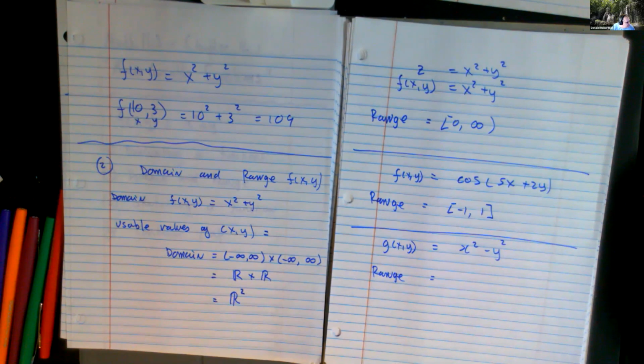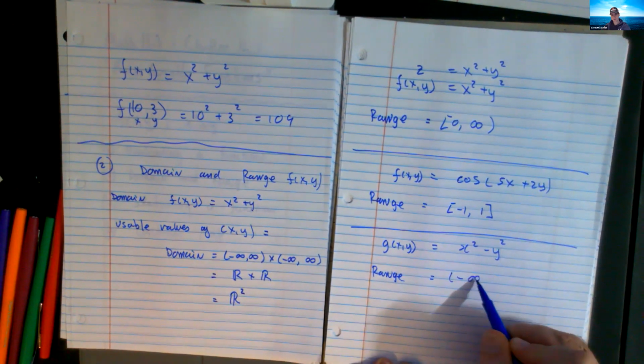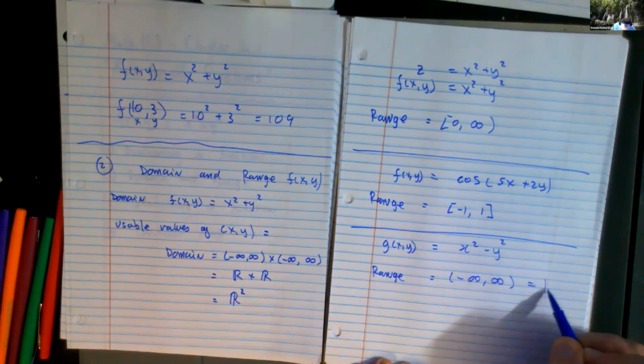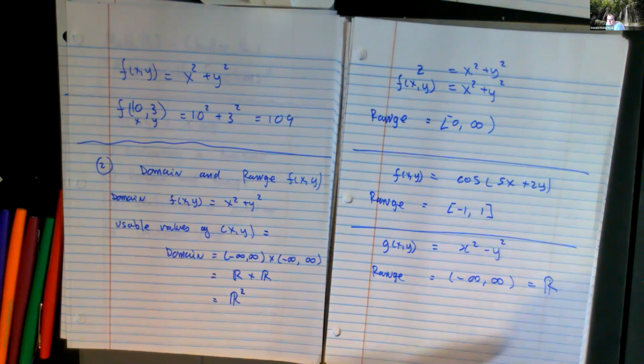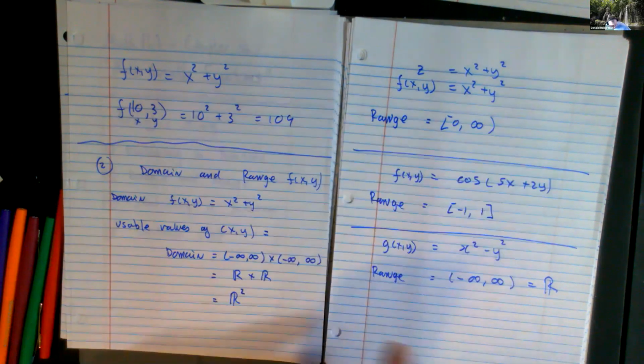Now, how about this function? What's this range? -infinity to infinity. Which we could also call R. Now notice it's just a single R, right? A domain is a two-dimensional thing, right?